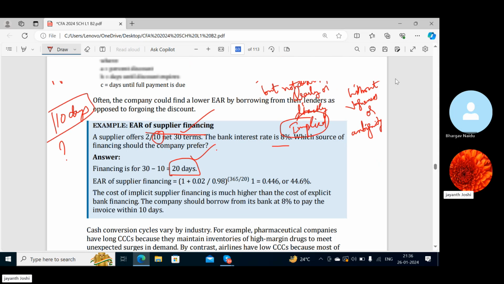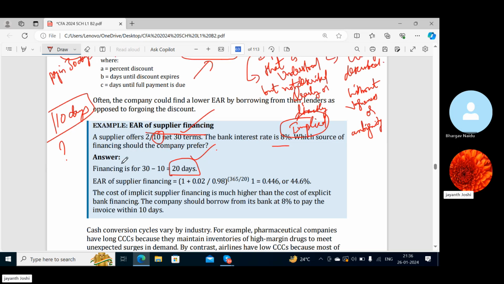Because you will avail the discount only if you have the benefit. So the effective annual rate of supplier financing, for 20 days of financing, the cost of implicit supplier financing, is 44.6%. This is the effective annual rate.